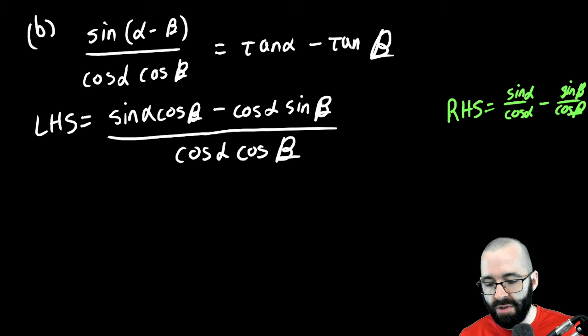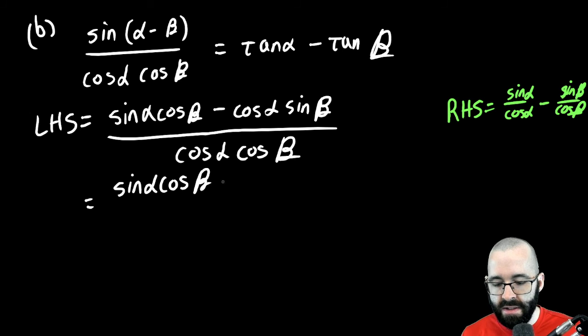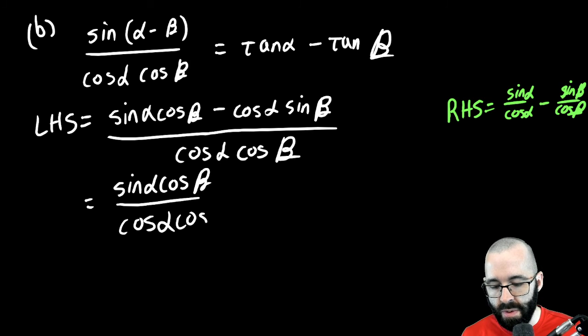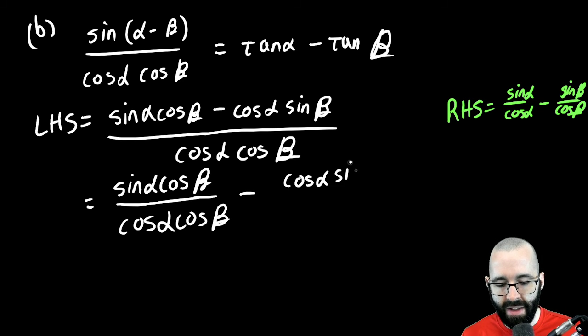So we need to split up this fraction. Splitting up fractions is easy when there's addition or subtraction in the numerator. It's much worse when there's addition and subtraction in the denominator. So again, it's going to be the first part divided by the denominator minus the second part divided by that same denominator. And then we hope that things happen.